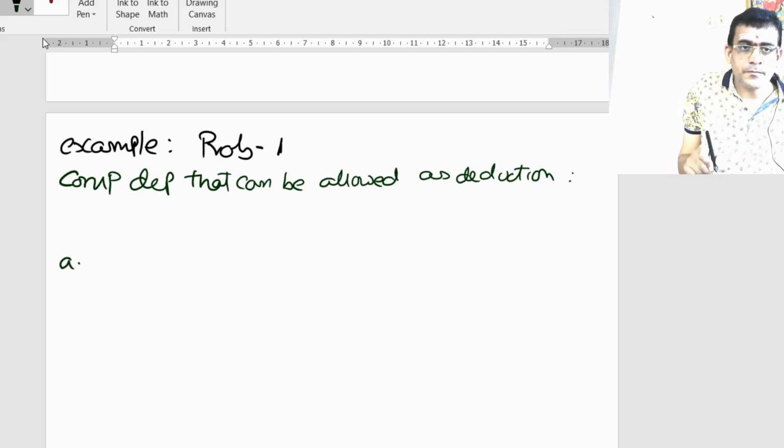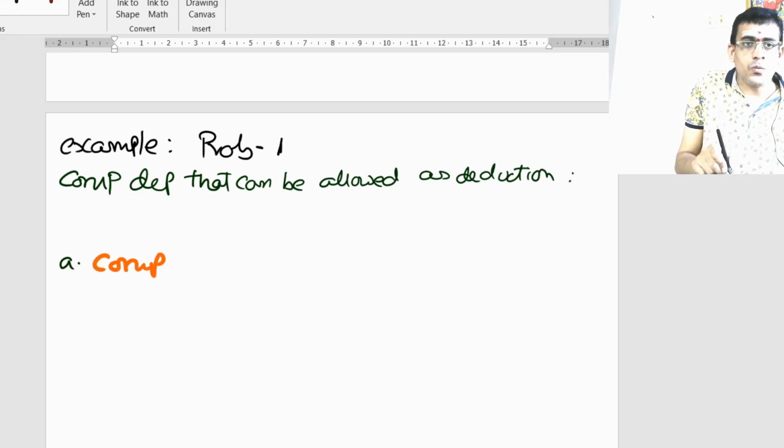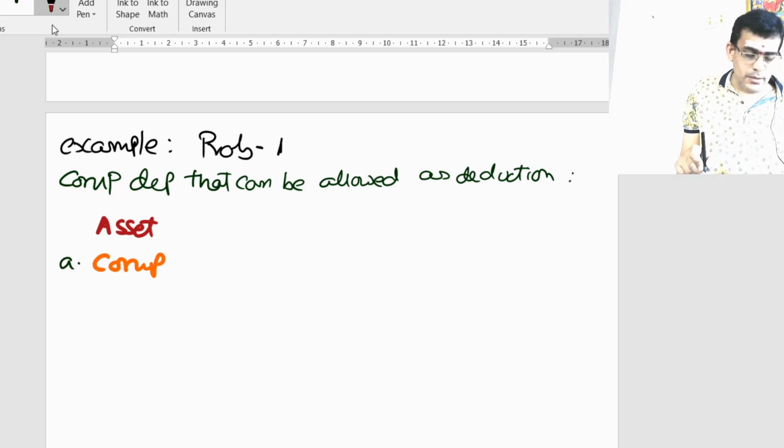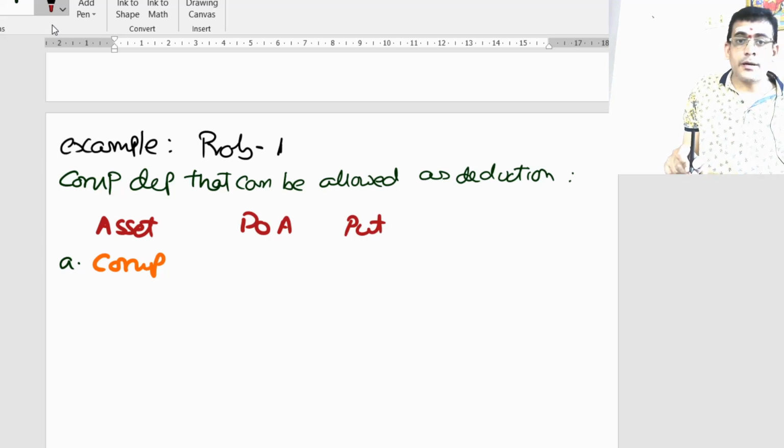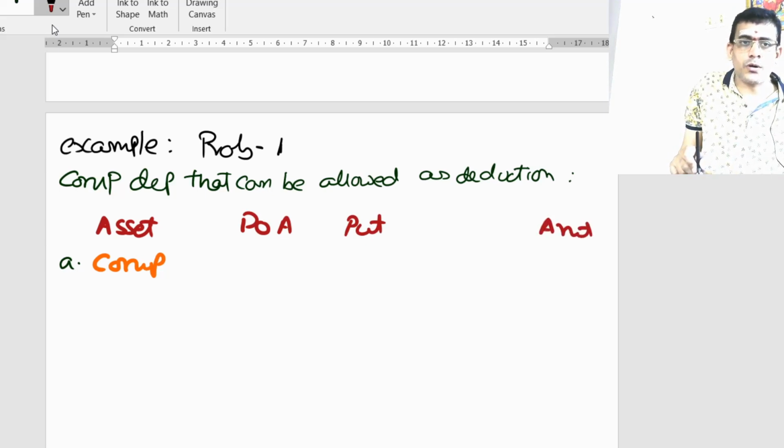First asset is nothing but your computer. Now let me put the headings here. This is the asset, this is the date of acquisition, this is put to use, and this is the amount.